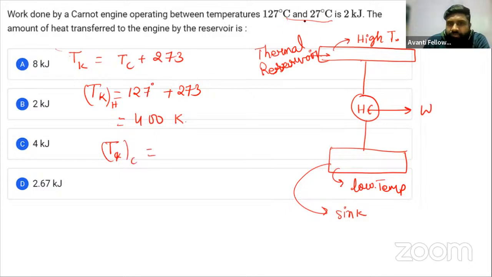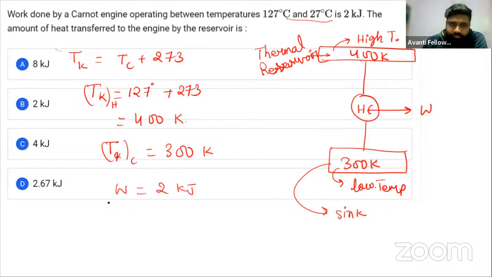So there is a difference of 100. So if you subtract 100, or just add 273 plus 27, it will give you 300 Kelvin. So this is at 300 Kelvin, this is at 400 Kelvin. Okay. Now the amount of heat transferred to the engine by the reservoir we need to calculate, and work done is given to you.